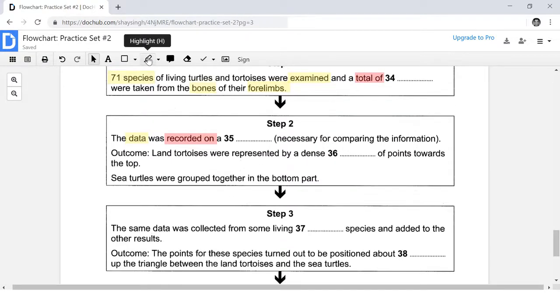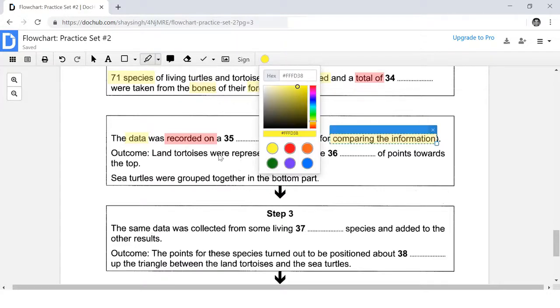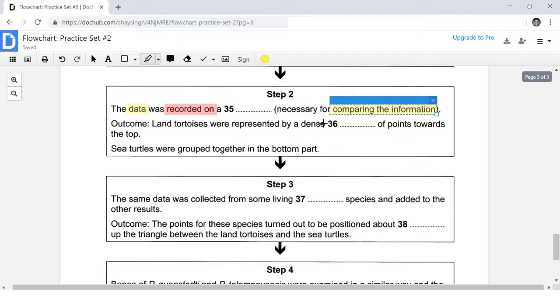Okay, over here we have our other keywords for comparing information. Comparing information, and that is our other keyword. Now here for number 36, we have something about land tortoises being represented by a dense what?